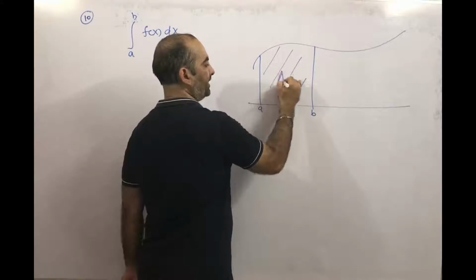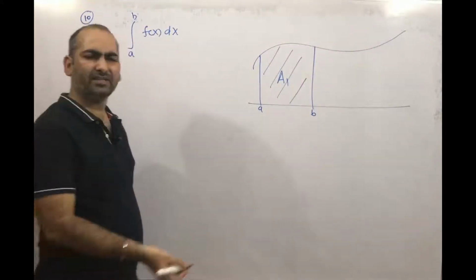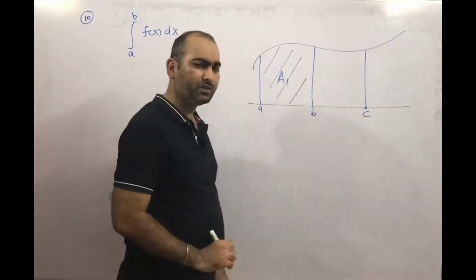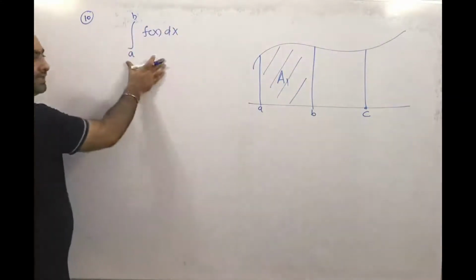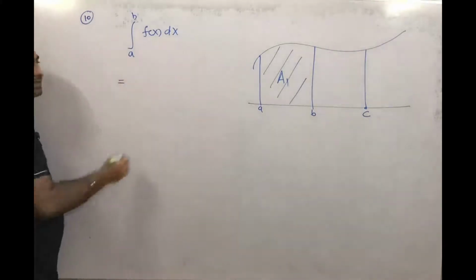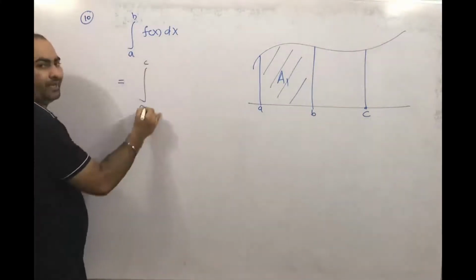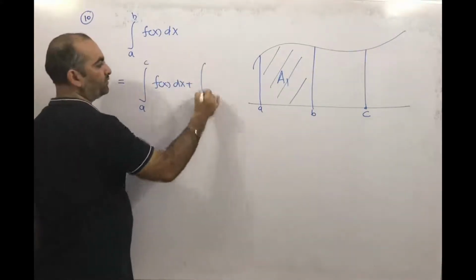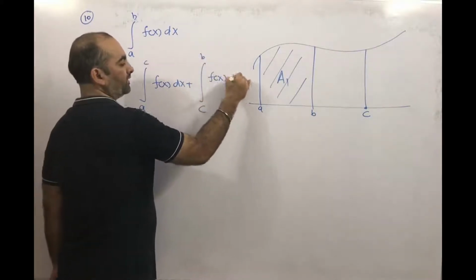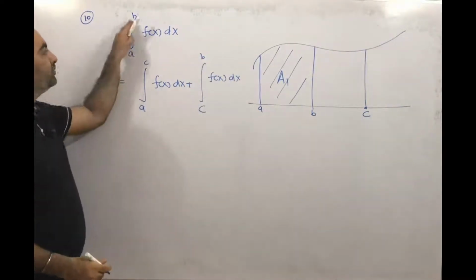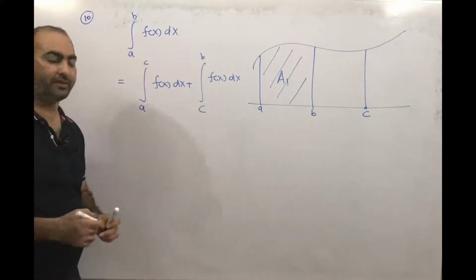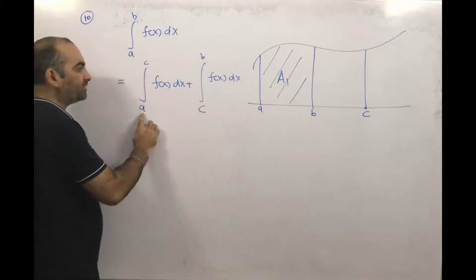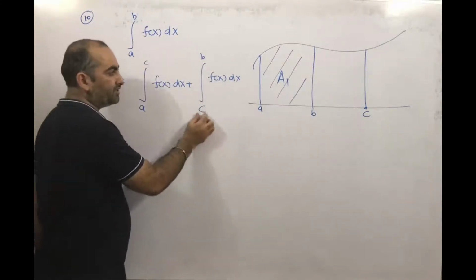This area we can call A1. Now a point c is here. So we can write this as integration a to c f(x) dx plus integration of c to b f(x) dx. So integration a to b f(x) dx we can separate into 2 parts. You can see here the upper limit is c, and here the lower limit is c. So we can separate it as a to c f(x) dx plus integration c to b f(x) dx.